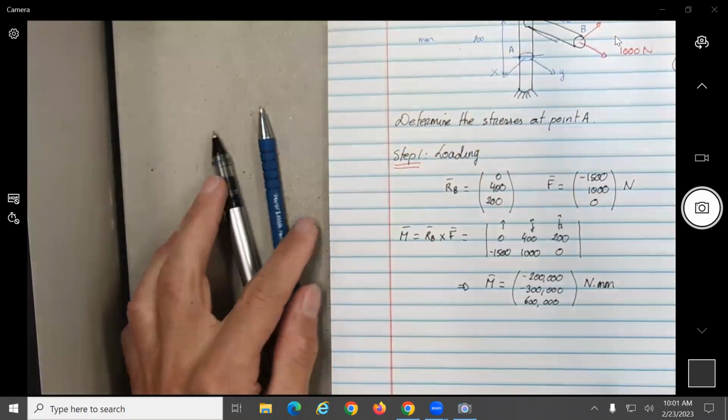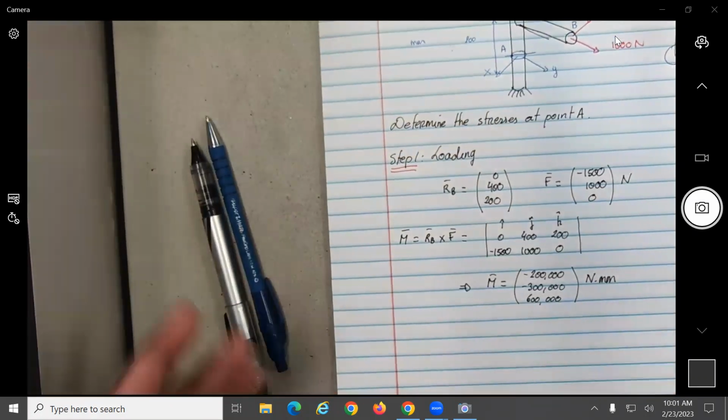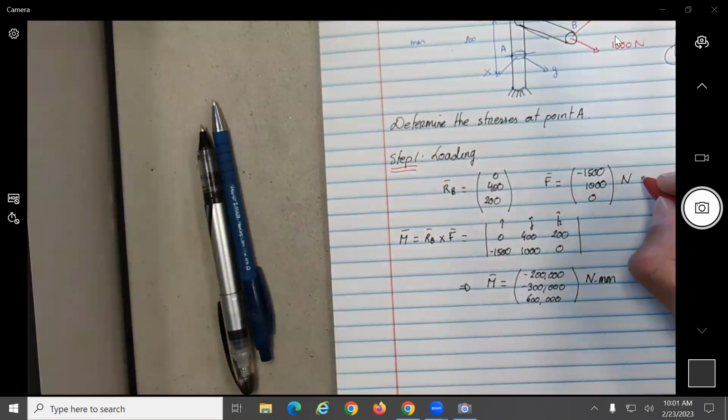Okay, so this is something that I do different than the textbook myself, but it's just because it's the way I think about it. But remember, this will be what? This is the external forces.